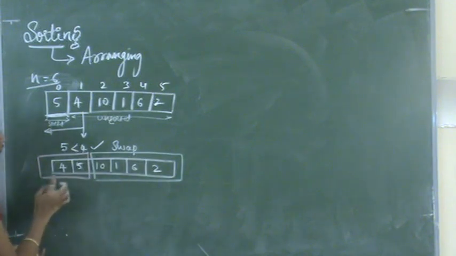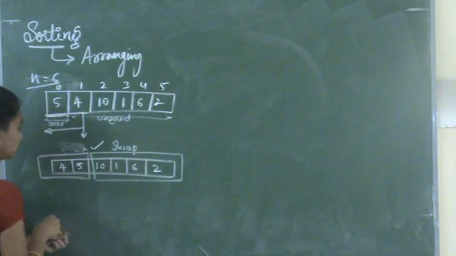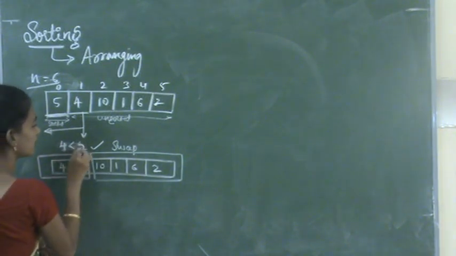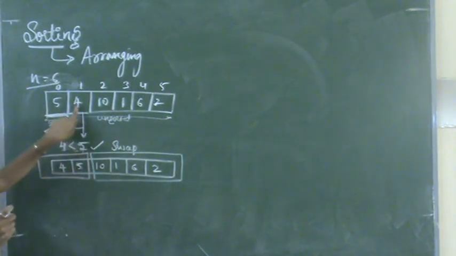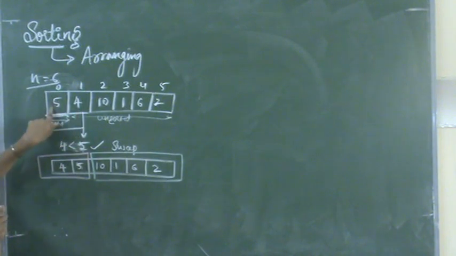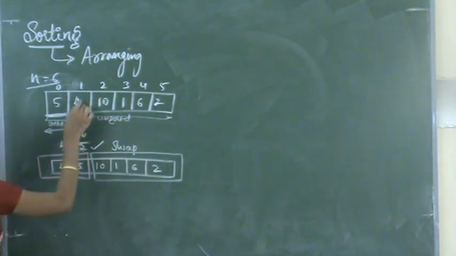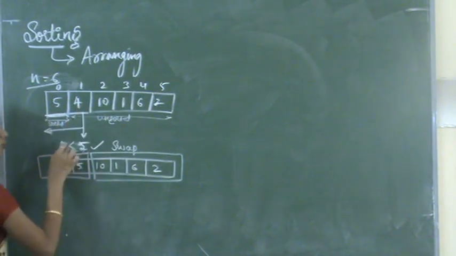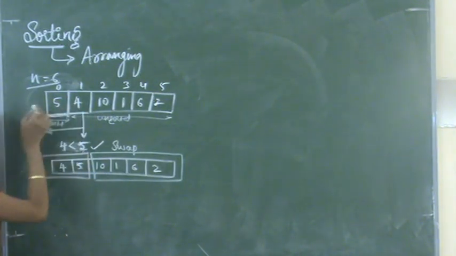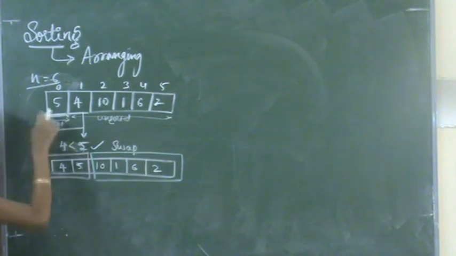Now we check the next element. 4 less than 5, true? This element is compared with the previous element, and if we had one more element here, we would need to compare with that also.